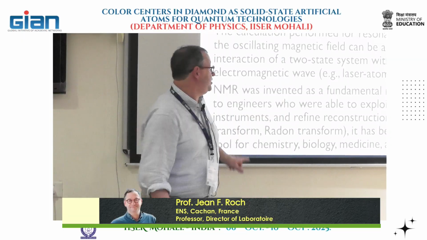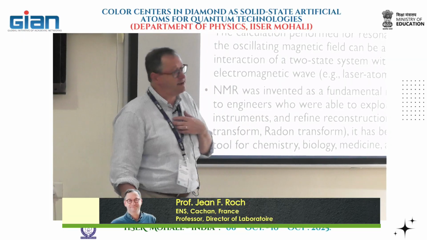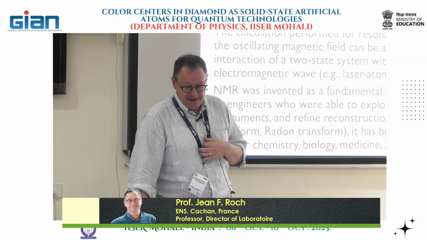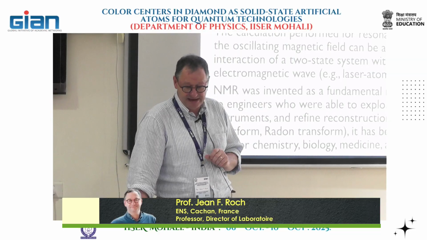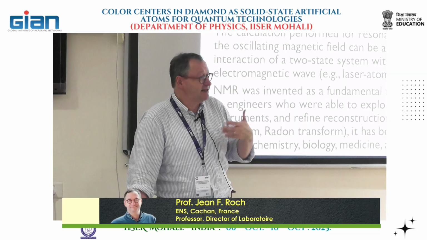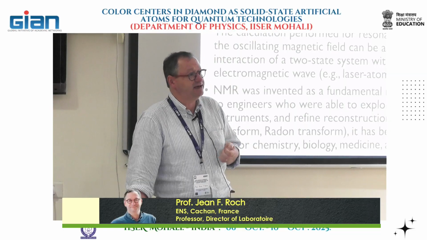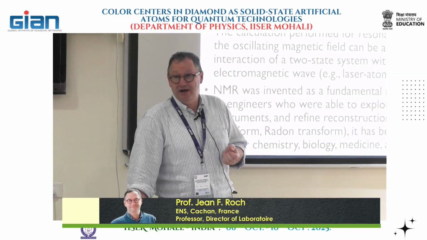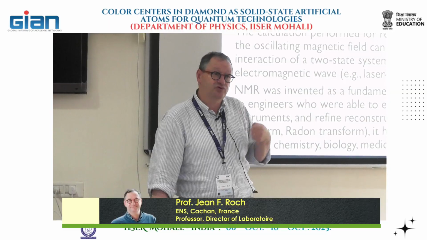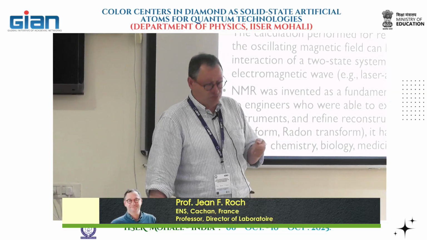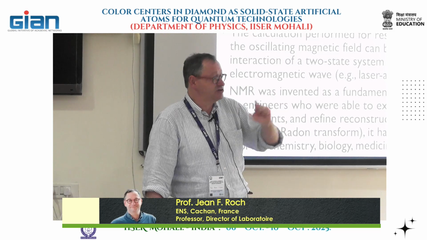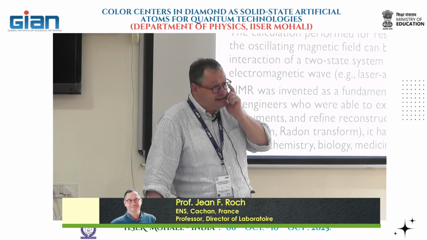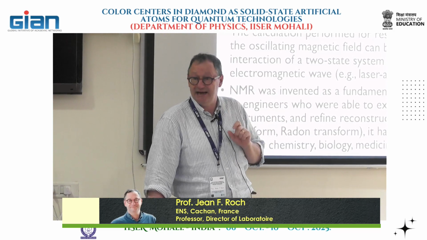Another point, maybe more technical: the calculation we did for the resonant interaction between the spin 1/2 and the oscillating magnetic field is general. You can adapt it, and for instance, this is exactly the tool to describe the interaction of a two-level atom, with ground state and excited state, with an oscillating electromagnetic wave.